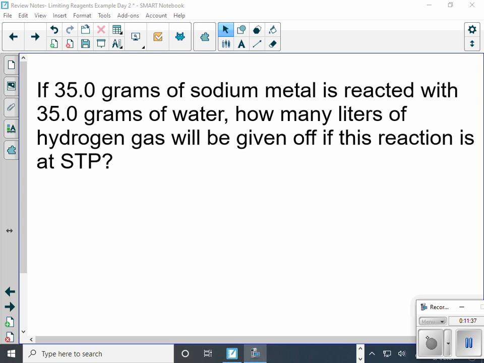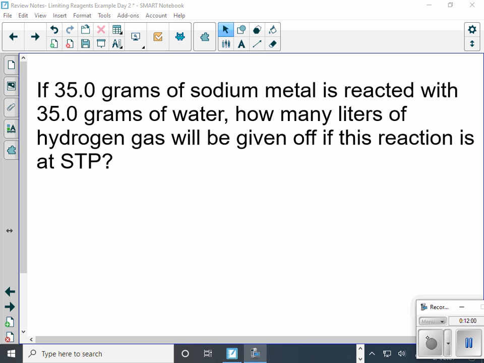This problem states that if I have 35 grams of sodium metal and it is reacted with 35 grams of water, how many liters of hydrogen gas will be given off if this reaction is at STP? So I have STP, so I know that I can use the molar volume of a gas.